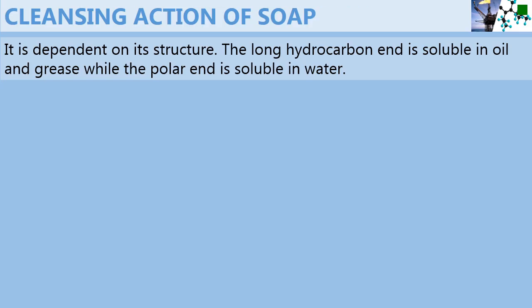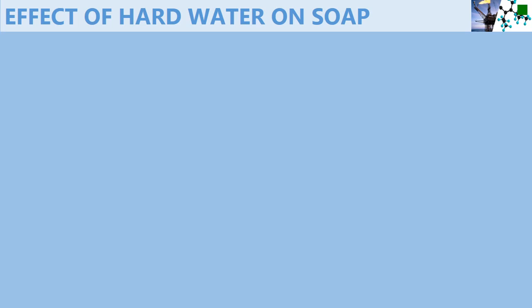The effect of hard water on soap. From chapter 1 we learned that hardness of water is caused by calcium ions and magnesium ions present in water. These ions react with the soap molecule in a precipitation reaction to form scum.